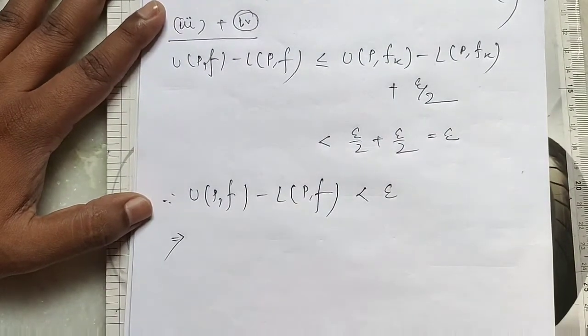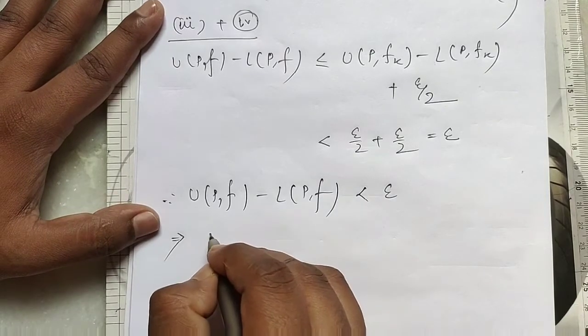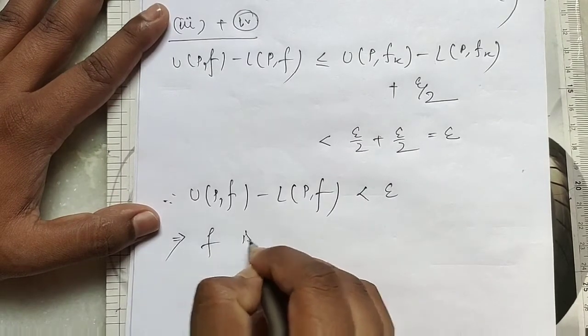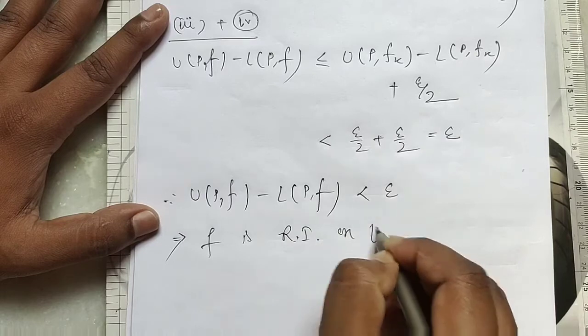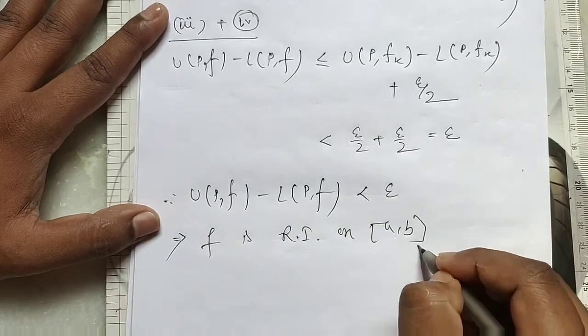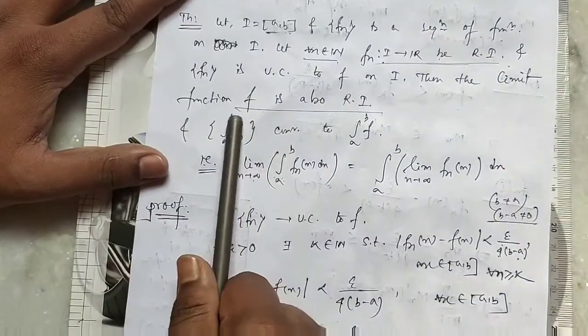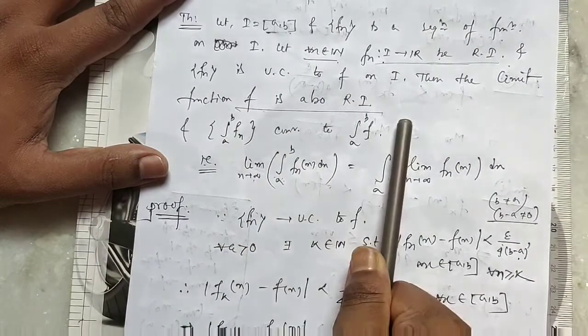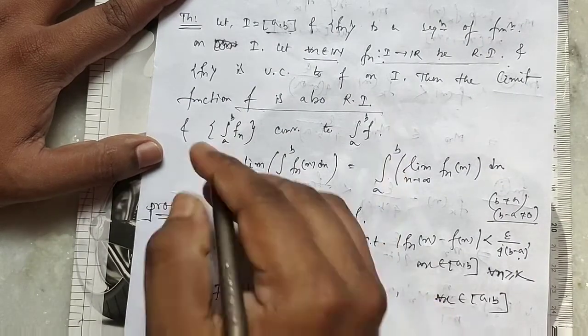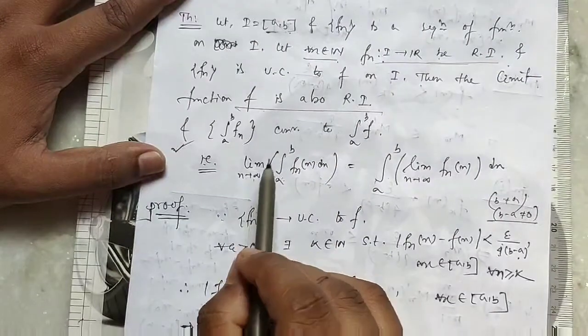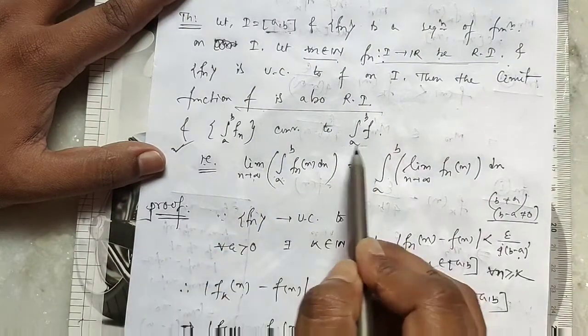Then by the necessary and sufficient condition for integrability, f is Riemann integrable on [a,b]. So this is proved, f is also Riemann integrable. Now we have to prove the second part, that this sequence converges to this.